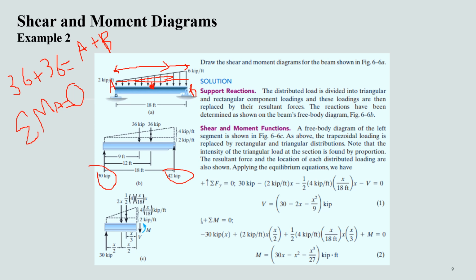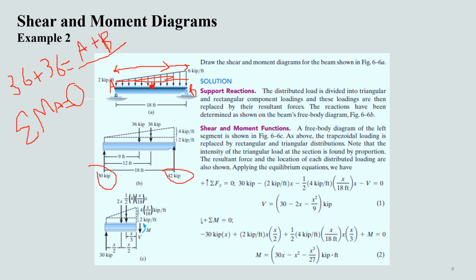And by solving that equation, we'll obtain 42 kip as By, and then plugging that value in this equation, we can obtain 30 kip as the reaction Ay.